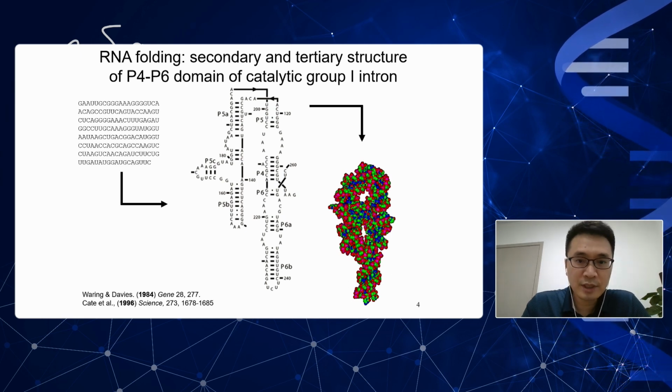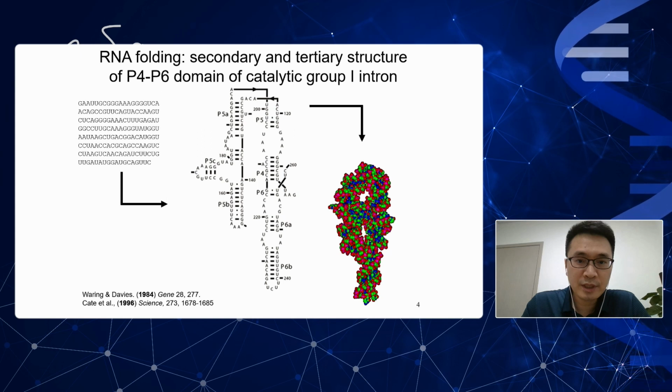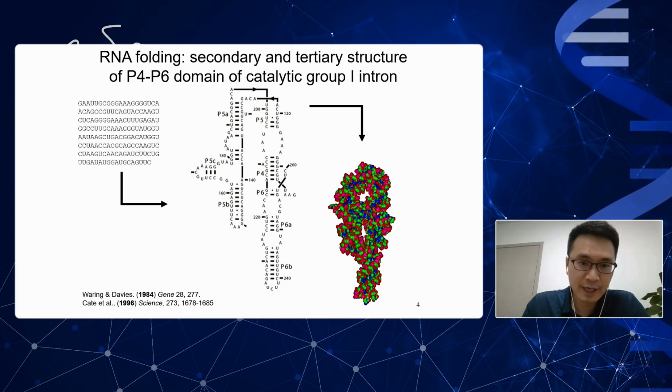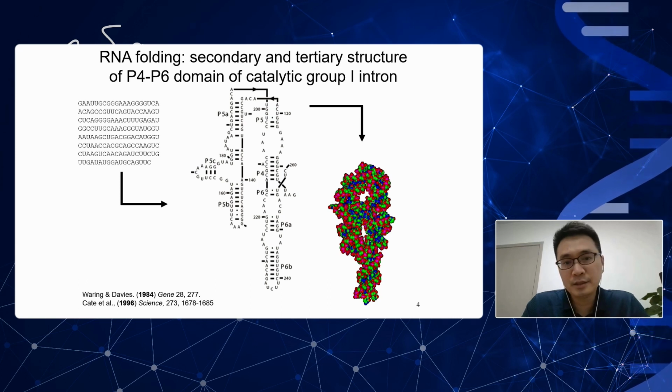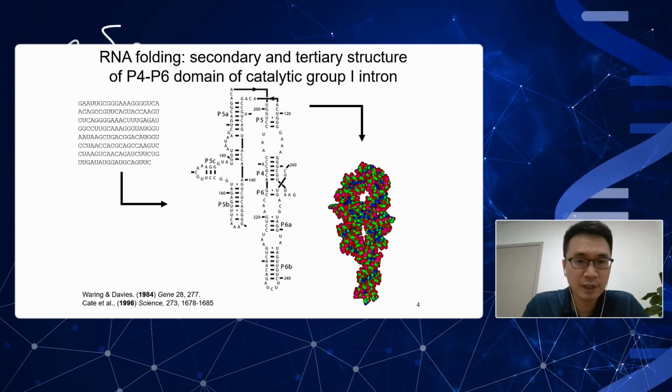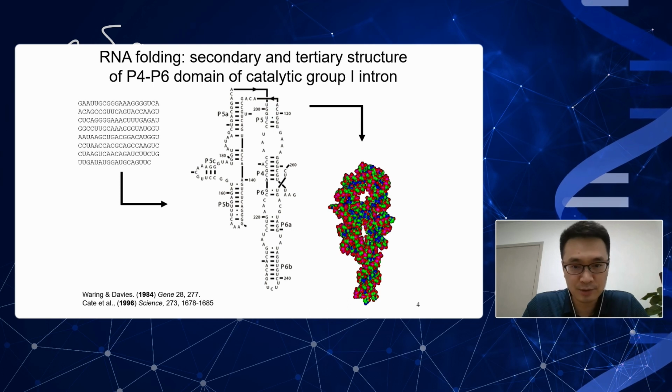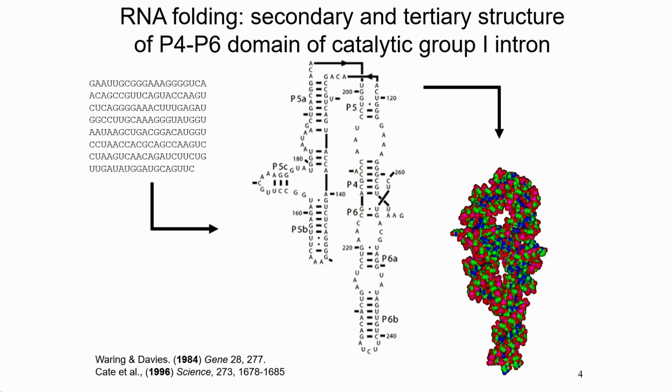In this slide, from the leftmost side, you can see the sequence of a piece of RNA, and in the middle you can see that it can fold into secondary structures. Based on this secondary structure, the sequence can further fold into a tertiary three-dimensional structure.